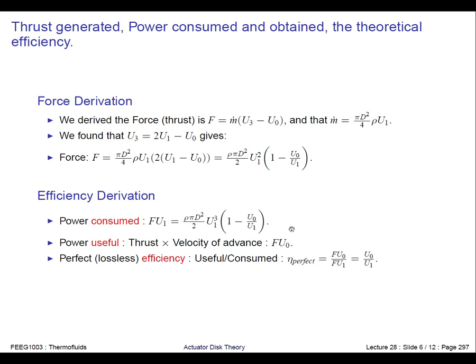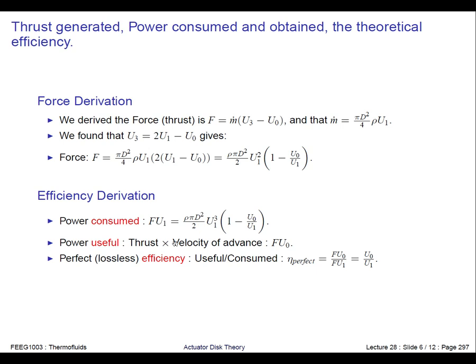So the free stream velocity, U0, in the propeller case is the speed of the aircraft. So the thrust times the speed of the aircraft is what we're actually getting out of our propeller. This is the thing we want, and the power that we're consuming is the thrust multiplied by the speed at which the air is going through the propeller, and that's F U1.